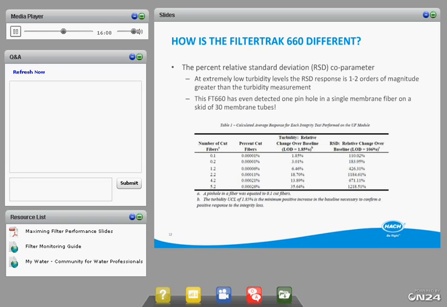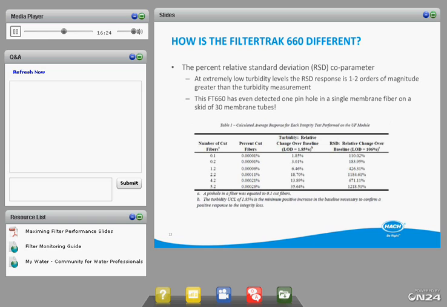To give an example of this, we'll turn to the membrane filtration world. I realize that we're talking about optimizing traditional filters, but this example really gives a good indication of just how sensitive the instrument is.